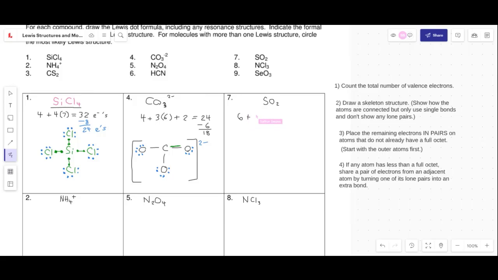There's 6 valence electrons for sulfur. Good. And there are 2 oxygens. Good. Each one having 6 valence electrons. And you get a total of 18 valence electrons. Very good.